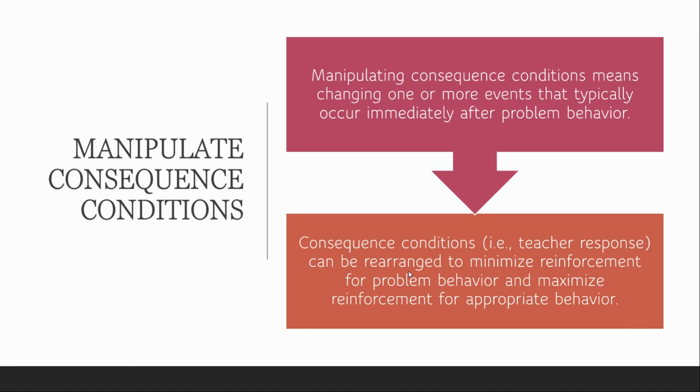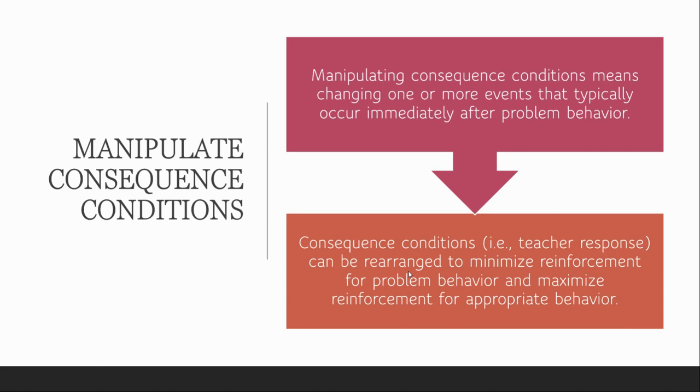Remember, consequences can be positive or negative. The consequences that occur immediately after the behavior are going to either make the behavior more likely to occur again, maintain the behavior, or decrease the likelihood that the behavior is going to occur again.